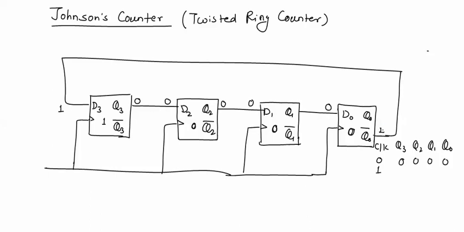Now at the end, when we have applied the first clock pulse, we can see that the flip-flops have data 1 0 0 0. So after the first clock pulse, the data in the flip-flops is 1 0 0 0. Now before applying the second clock pulse, I will arrange all the inputs.